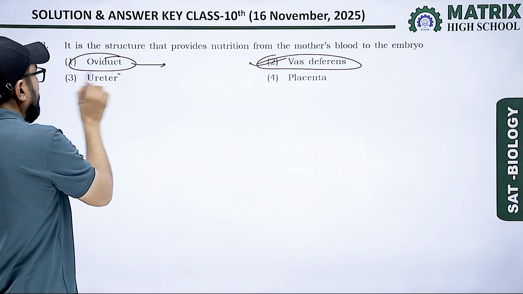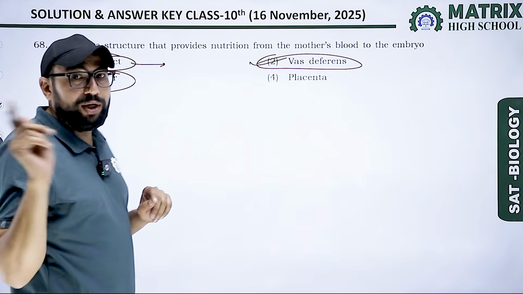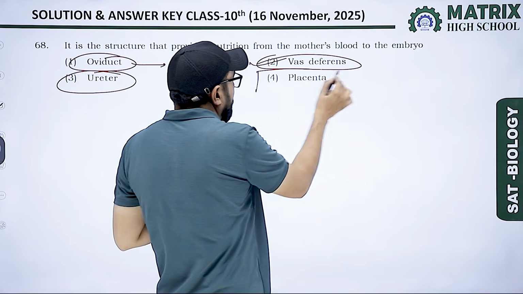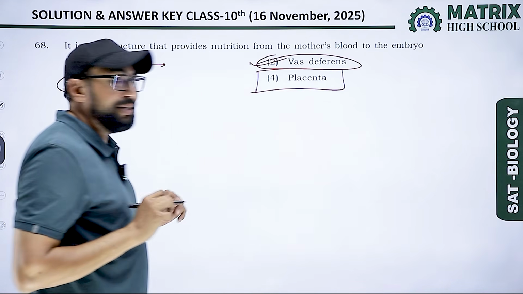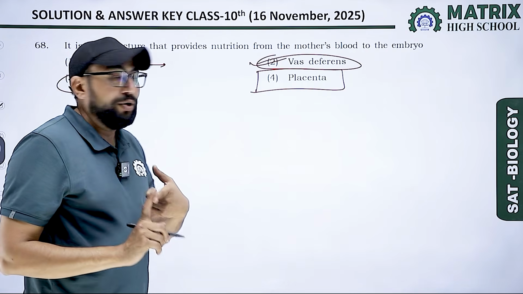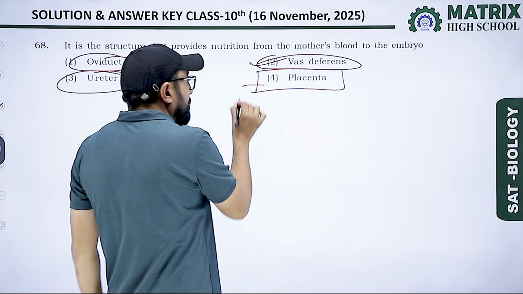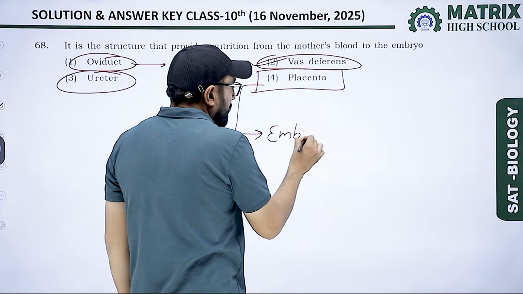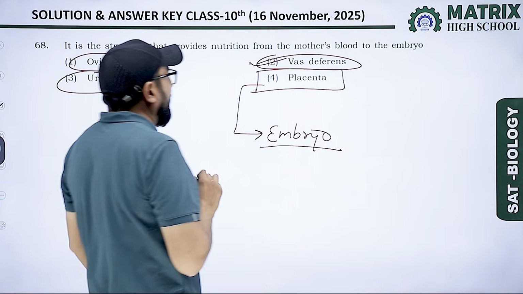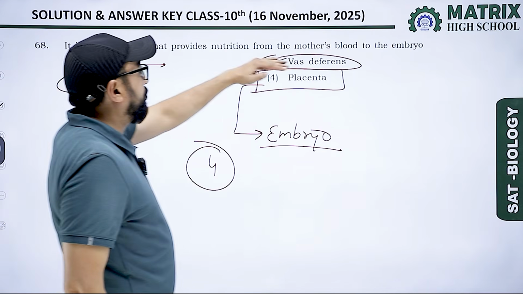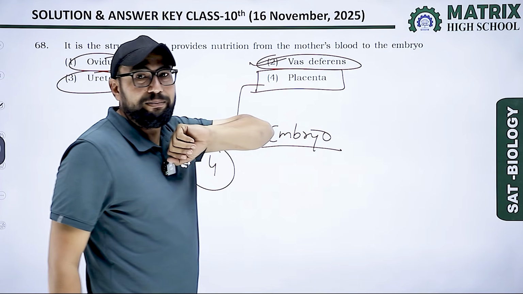The ureter connects the urinary bladder and kidney. And last, the placenta is present in the mother's uterus, connects with the navel of the embryo, and transfers nutrition from mother to embryo. So the right answer is option 4, which provides nutrition from the mother's blood to the embryo.